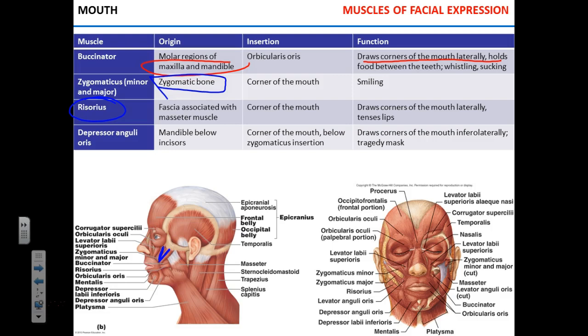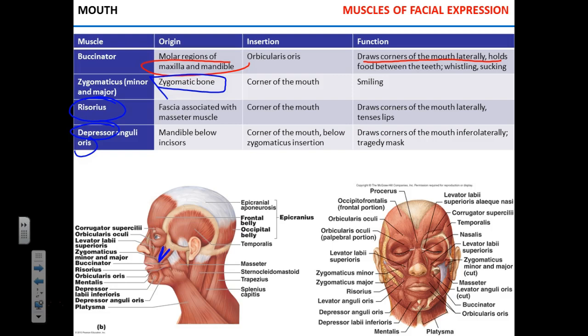Now, depressor anguli oris. This is a great example of the name. Depressor, what does that mean? Gets downward. Anguli, which English word does it remind you of? Angle. Corners. Oris, mouth. Orbicularis is circular, like orbit. So orbicularis oris, orbicularis oculi: circular muscle around the eye, circular muscle around the mouth.